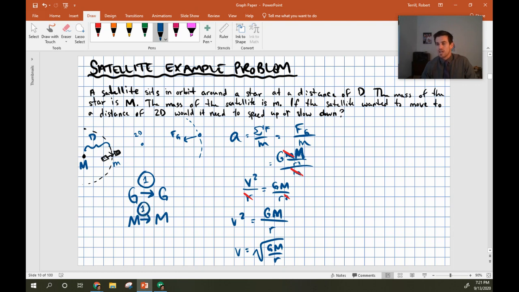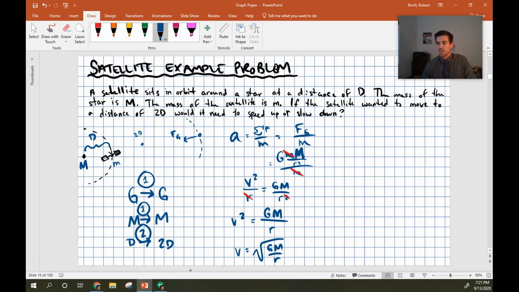So the factor of change there is 1. But we are going from a distance of d, that's my r variable, to a distance of 2d. That's doubling that, which means we're changing that by a factor of 2.